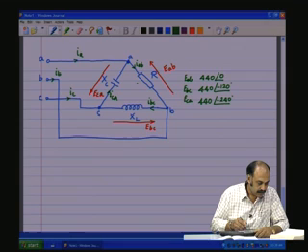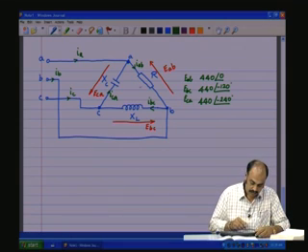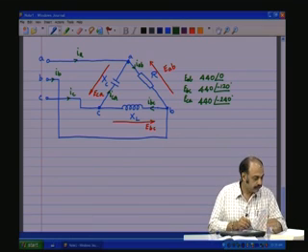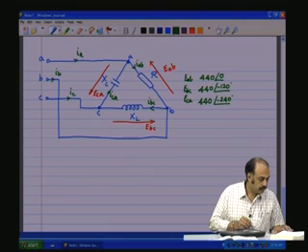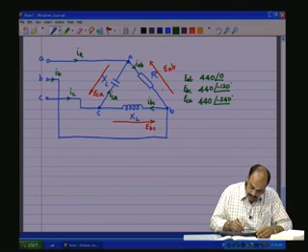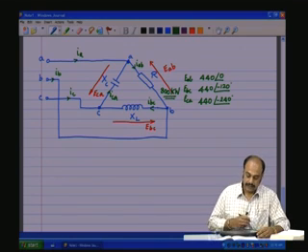And the values of the resistance can be calculated. Let us say we have a system which is being supplied by this and the single phase load that gets connected between is a 800 kilowatt load, let us say.